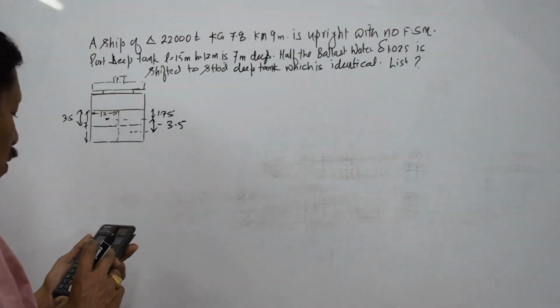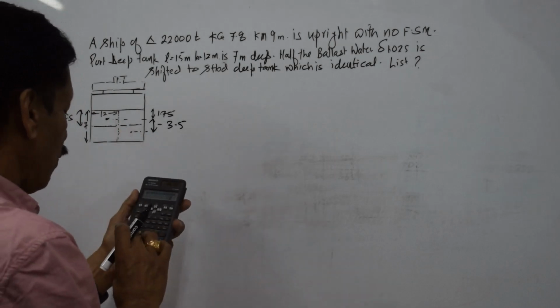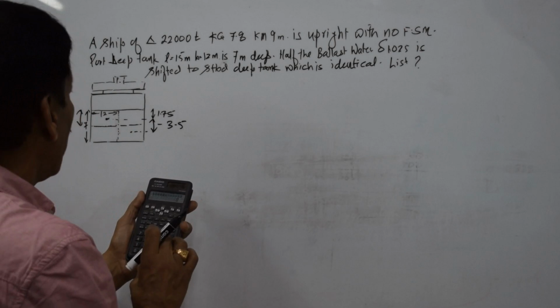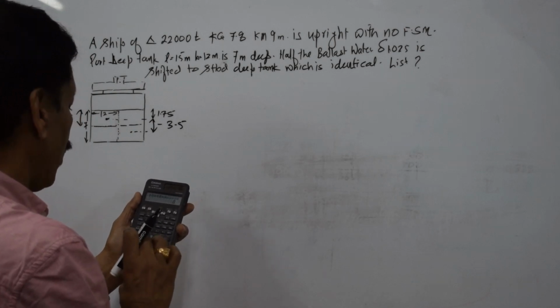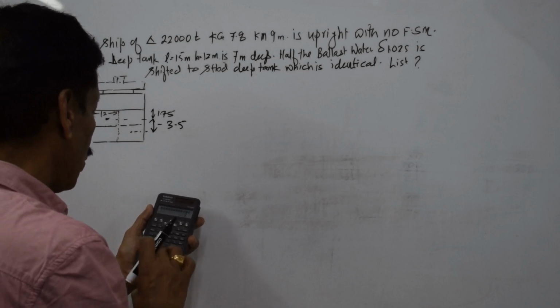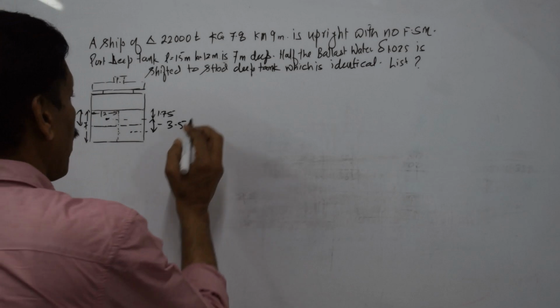Let us see what is the weight of this block. It is 15 meters into 12 into 3.5 into 1.025. The mass of the block is 645.75 tons.